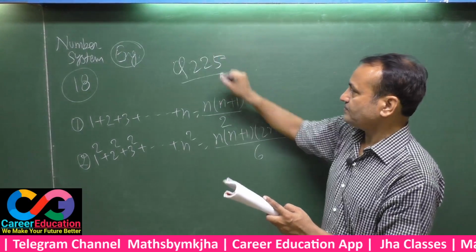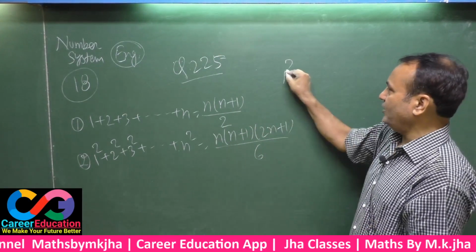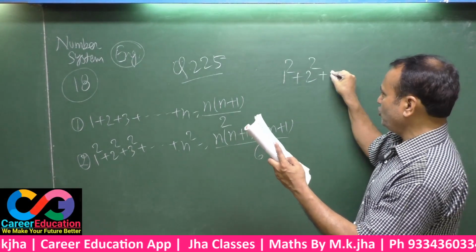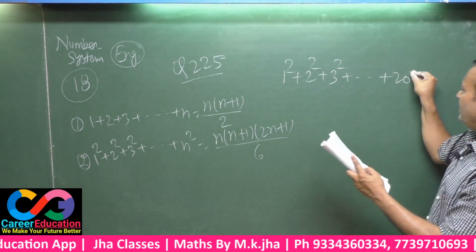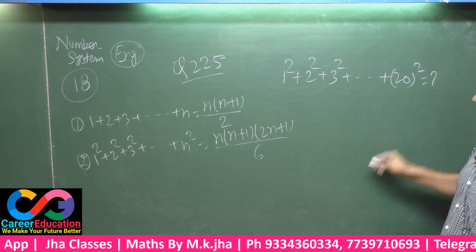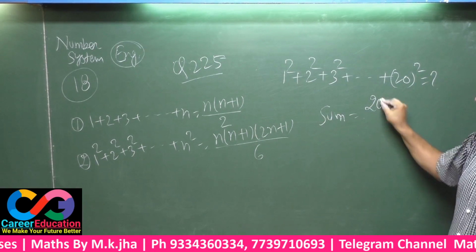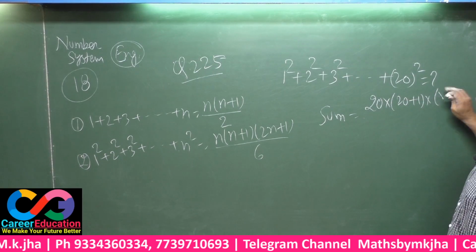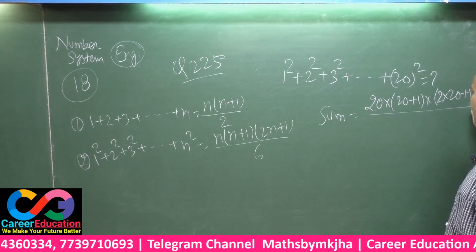Now 225 is based upon the square values of some natural numbers starting from 1 continuously up to 20. 1, 2, 3 up to 20 square equals what? The sum total is 20 into 20 plus 1 into 2 into 20 plus 1 divided by 6.